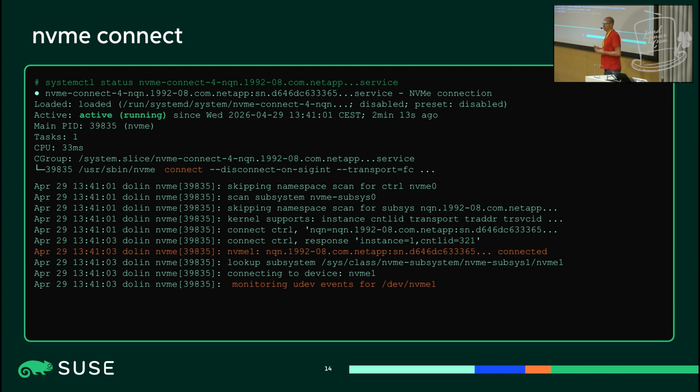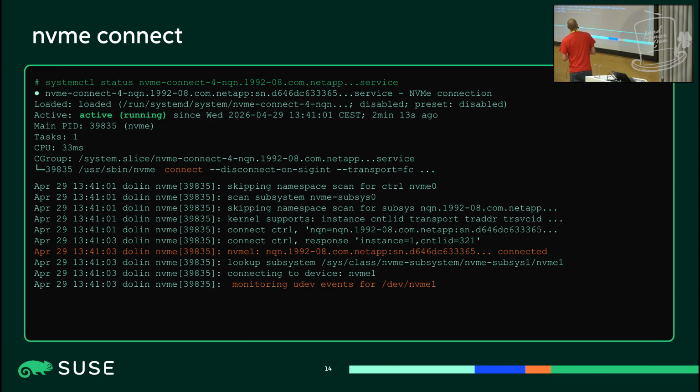If you're a sysadmin, you like to have this kind of separation. You can just see what's happening. You can also see the state of the service. So if you run systemctl list-units and you see this connection is not working, you can look into the log files and see it.